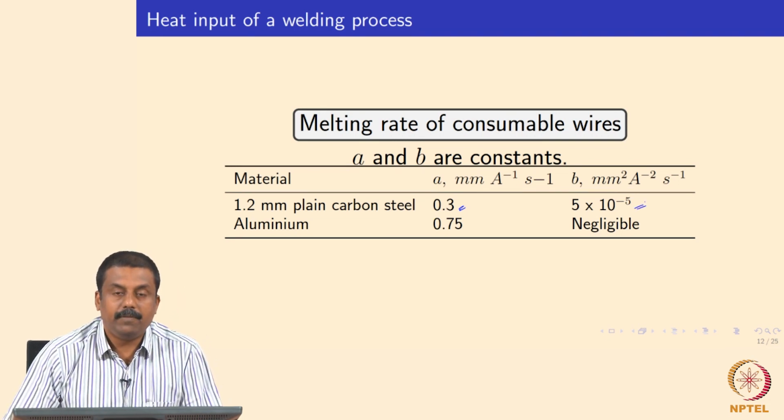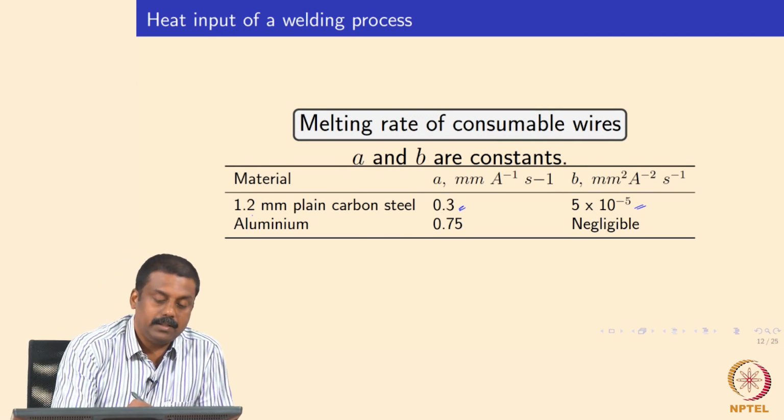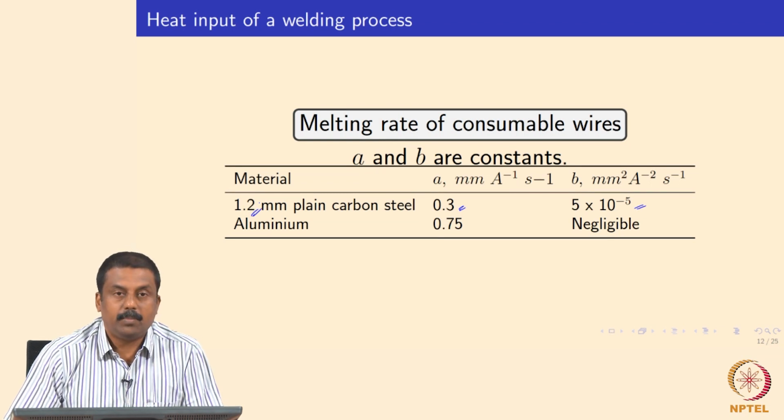Using these values, if you know the stick out length L, your welding current and your radius, in this case the diameter is 1.2 mm so the radius is 0.6, you can calculate the melting rate of the filler for a given current I.